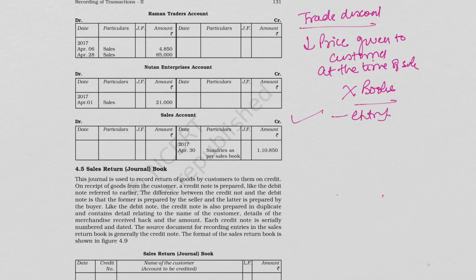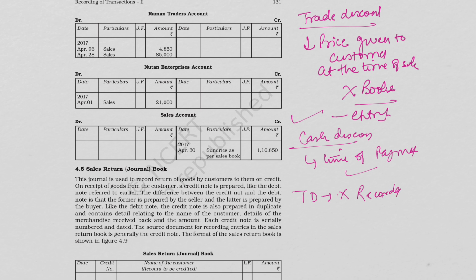But cash discount is different. Cash discount is given at the time of payment, and thus it is recorded in cash book. So students often confuse between trade discount and cash discount. Remember that trade discount is not recorded, whereas cash discount is recorded.